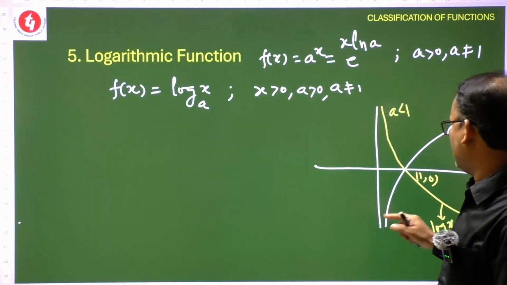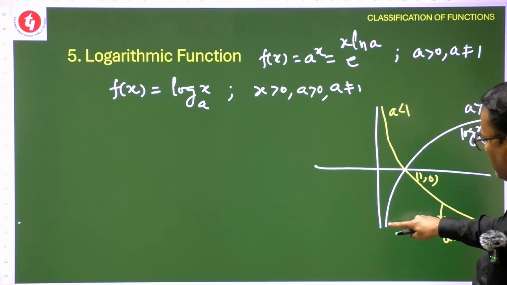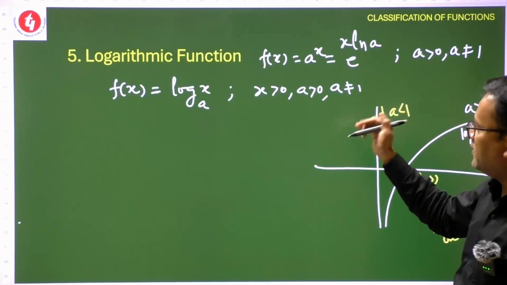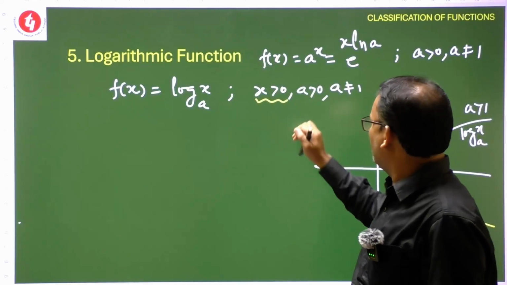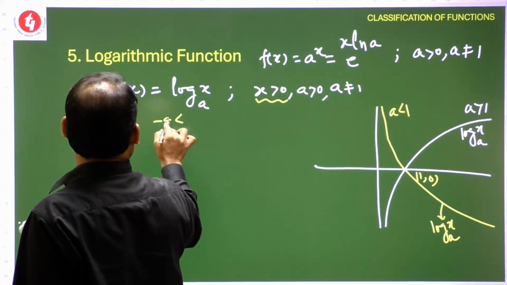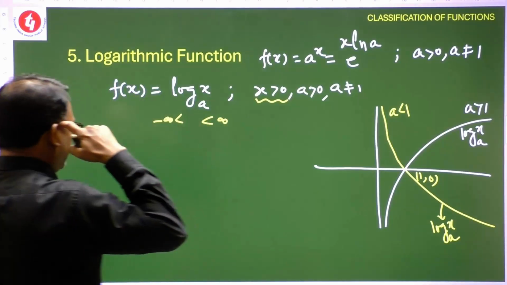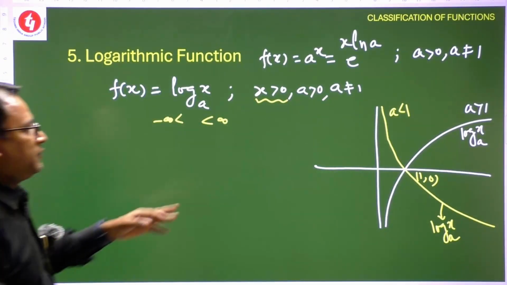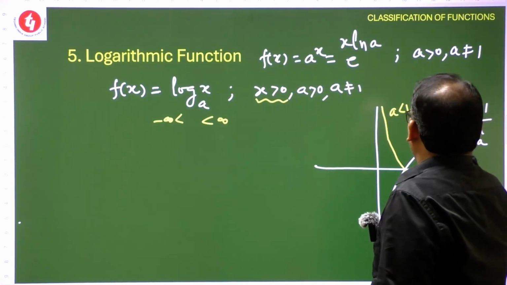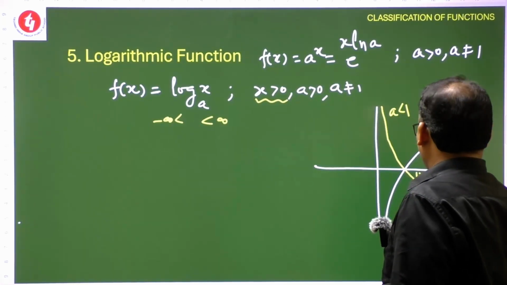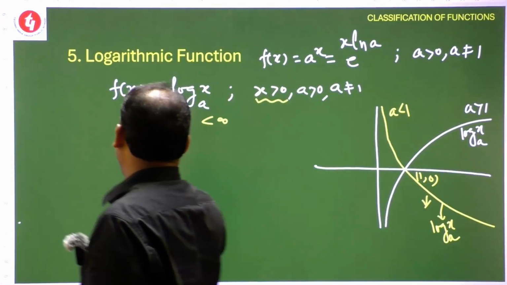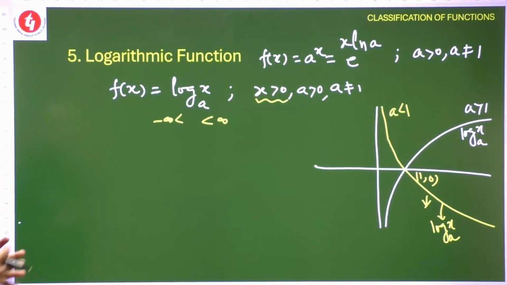What we notice is that the domain is fixed, x should be positive, but in both cases the range is from minus infinity to plus infinity. For a greater than 1 it is an increasing function, and for a less than 1 it is a decreasing function.